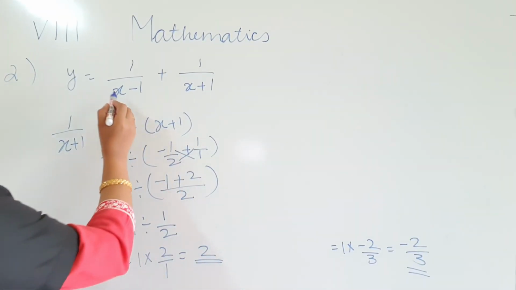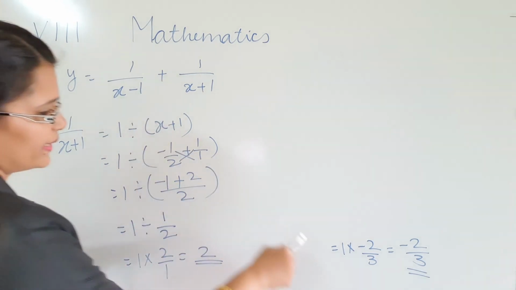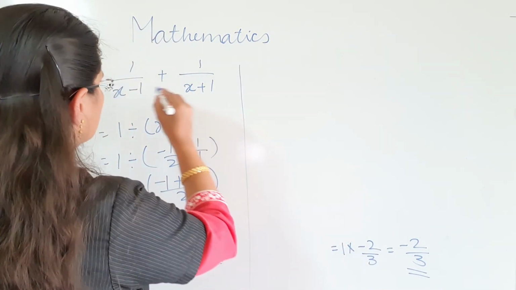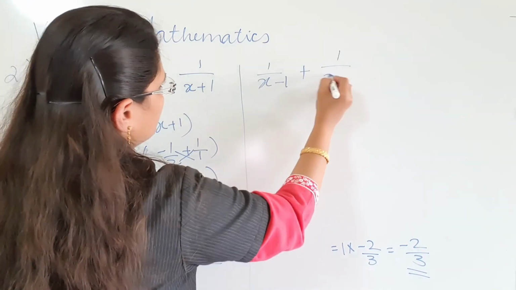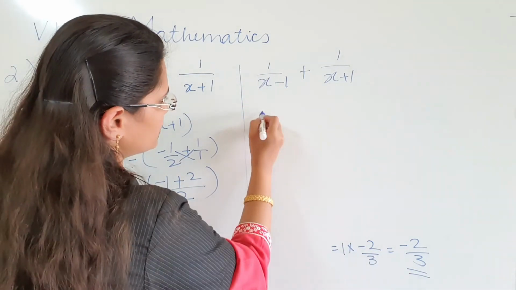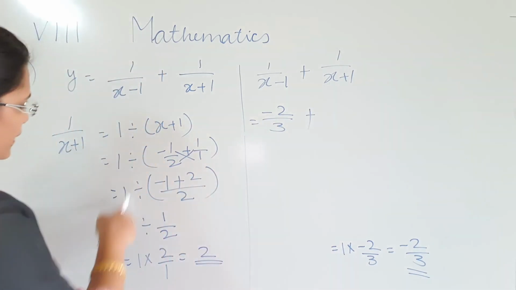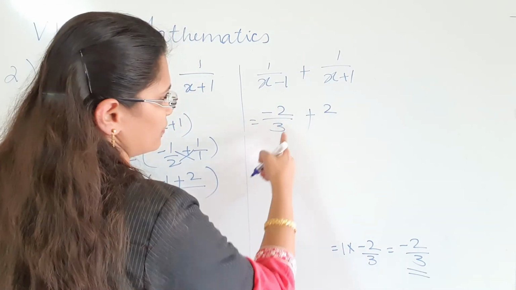Now, children, we have to add this. What is 1 by x minus 1? 1 by x minus 1 is equal to minus 2 by 3. So, 1 by x minus 1 plus 1 by x plus 1: 1 by x minus 1 means minus 2 by 3, plus 1 by x plus 1 is equal to 2.